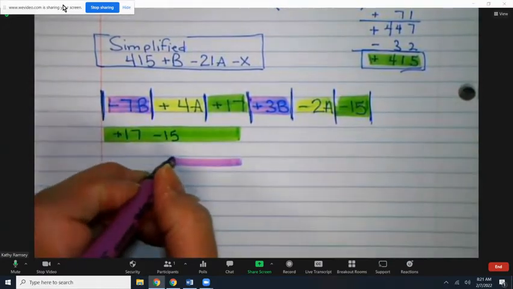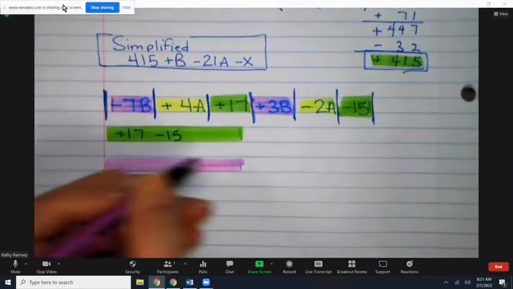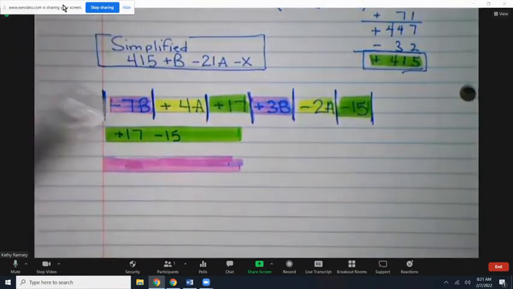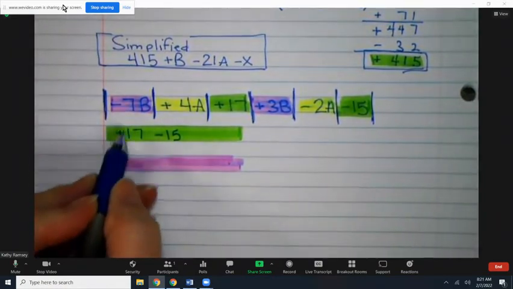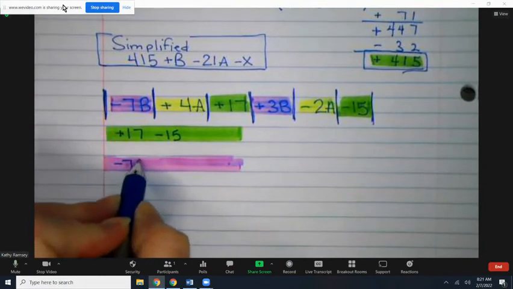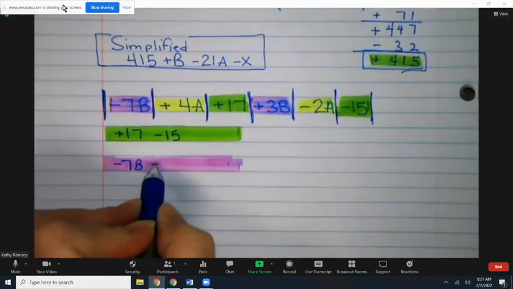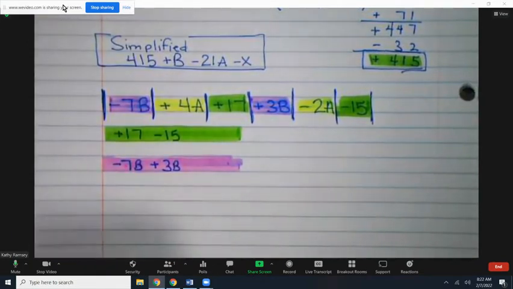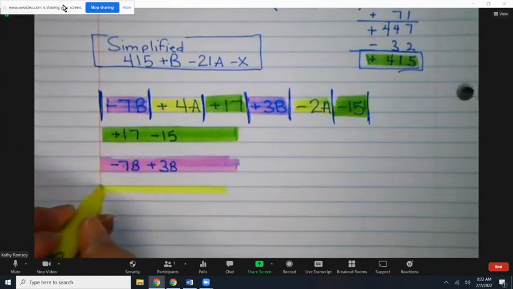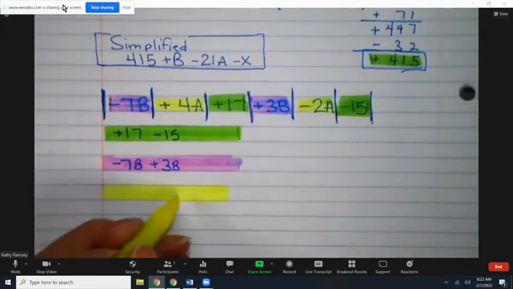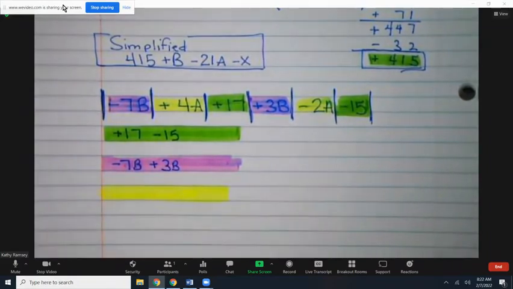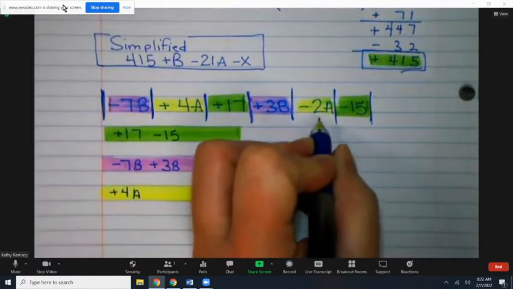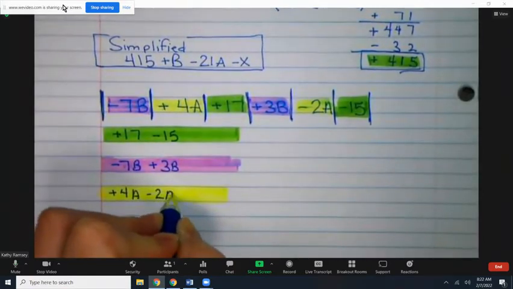Then we're going to have another line, highlight that out a bit, for our things that have b's. So negative 7b, positive 3b. And then our third one for our a's. So we have positive 4a and we have negative 2a.